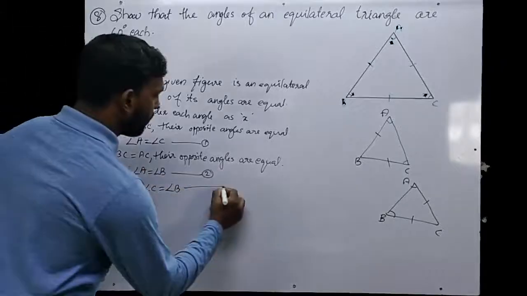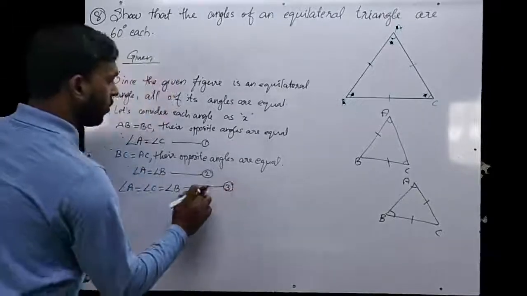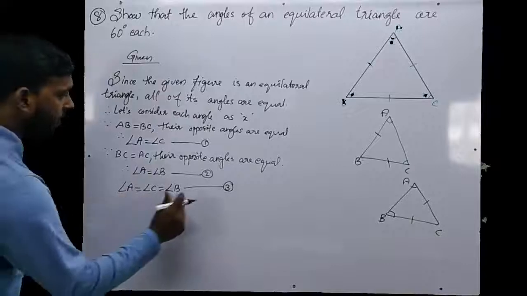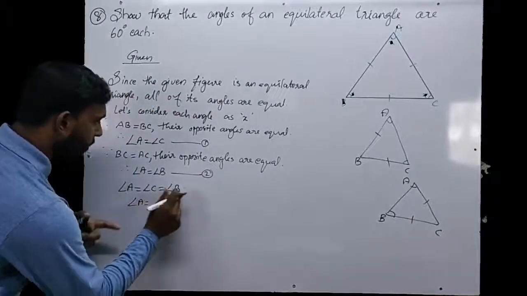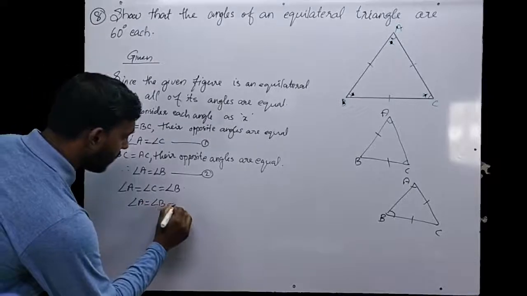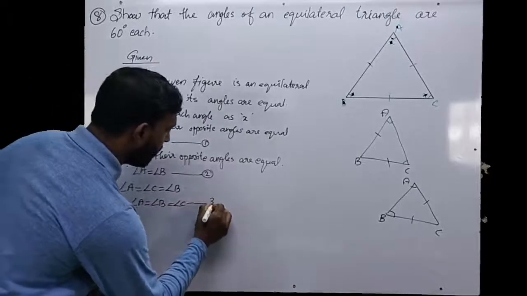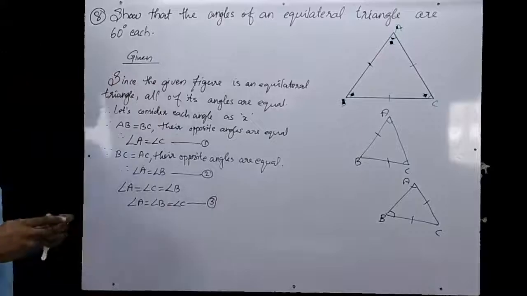So let's keep it as equation number 3. Let's arrange it for convenience: angle A is equal to angle B, equal to angle C. So we have derived yet another equation here.